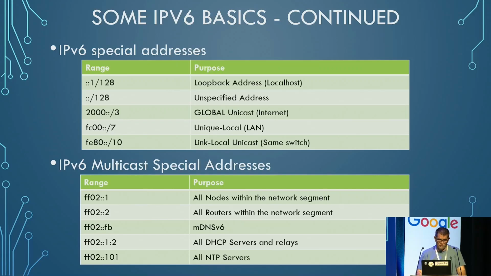FF02::2, which is send to all routers on the network segment. FB, which is multicast to all mDNS agents on the network. 1:2, multicast to all DHCPv6 servers and relays. And 101 is multicast to all NTP servers on a segment.